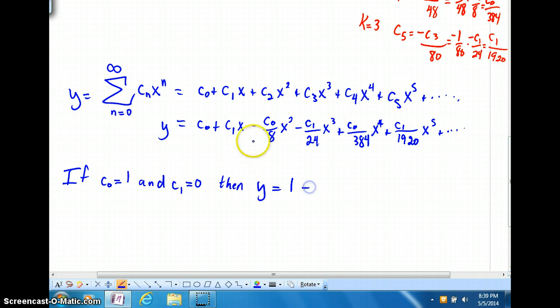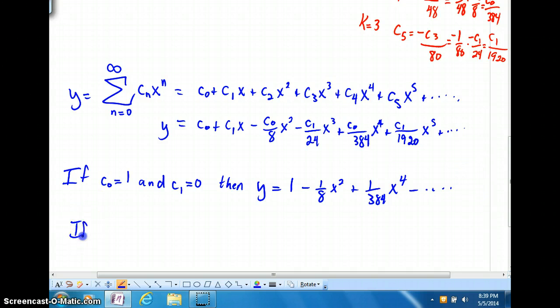And c sub 1 was 0, so everywhere there's a c sub 1, that's going to disappear. Every odd power of x is going to vanish. And remember, c sub 0 we're just going to call 1. So the c sub 0 terms correspond to all of the even powers, I am so sorry, of x.